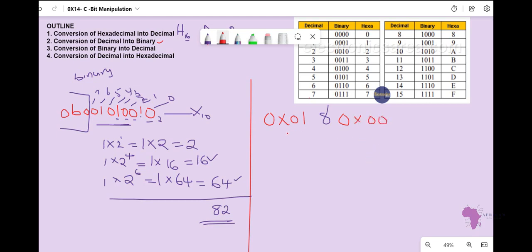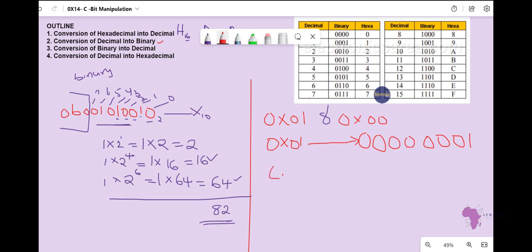First of all, we need to find the binary of this one. Remember how to calculate binary: we first calculate it into decimal, and then from decimal into binary. So we have 0x01, and when you calculate its binary, you get 0, 0, 0, 0, 0, 0, 0, 1.